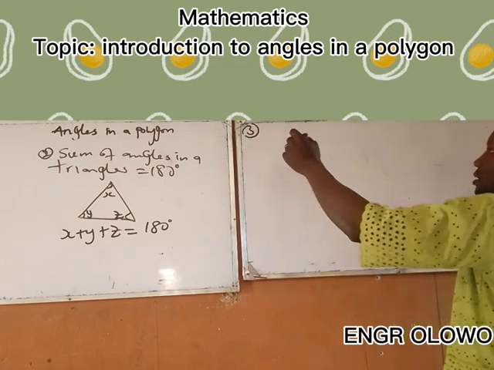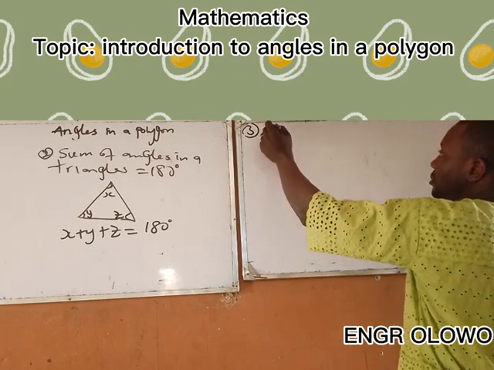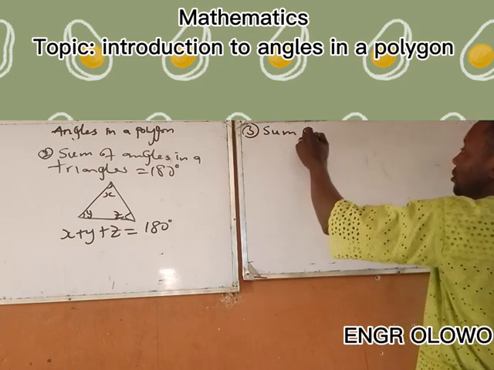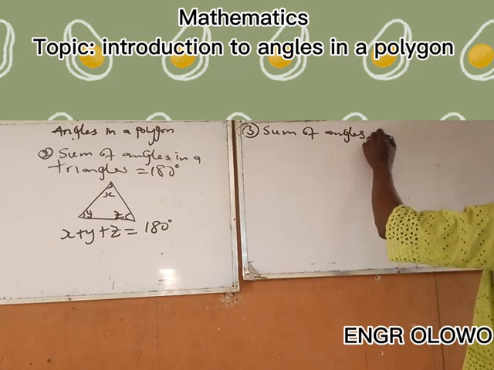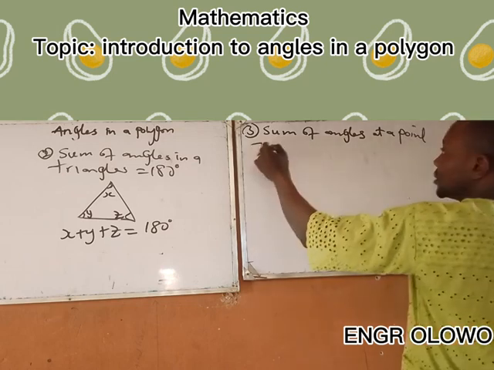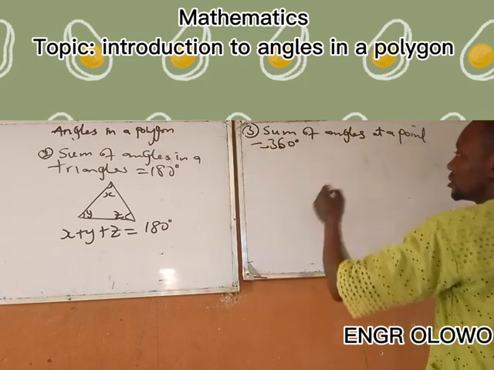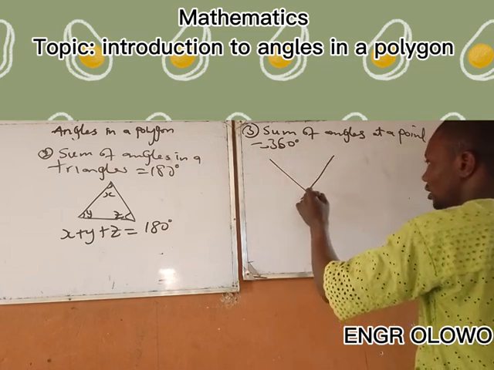Let's look at another one. Assuming we have angles meeting at a point O, we can say the sum of angles at a point is equal to 360 degrees.